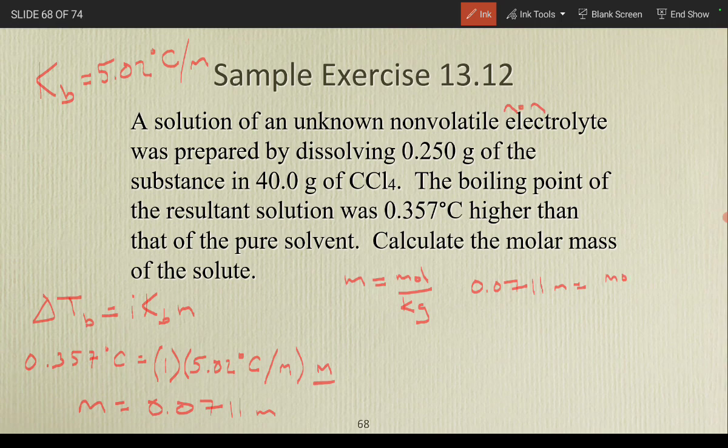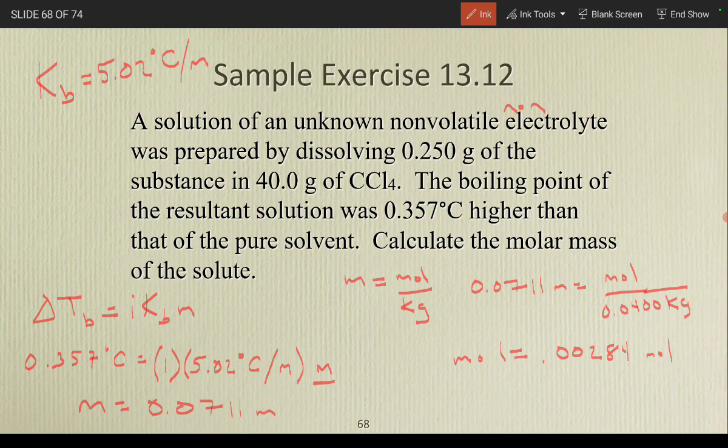We don't know how many moles we have, but we do know we had 0.0400 kilograms of solvent. So what we can do is determine the number of moles in that solution is going to be 0.00284 moles. Again, just cross multiplying there, 0.0711 times 0.04 just to get moles by itself.